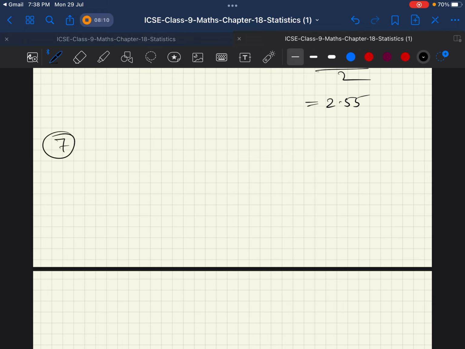Question number 7: use the table given below to find the actual class limit of the 4th class, the class boundaries of the 6th class, and so on. So first the class interval is here.